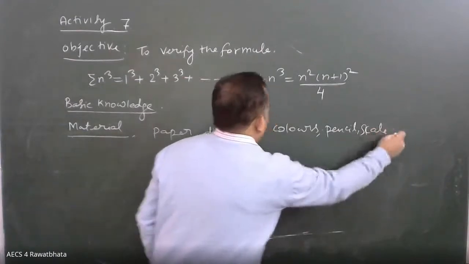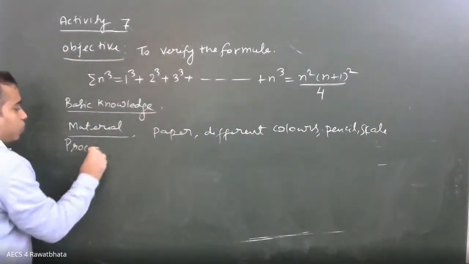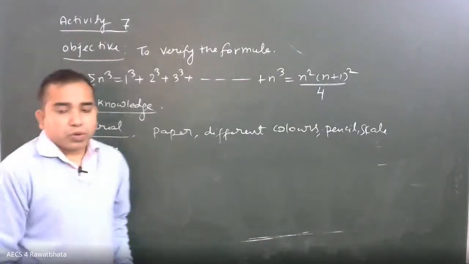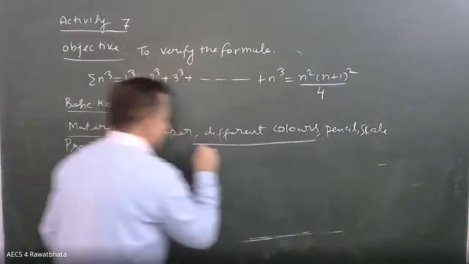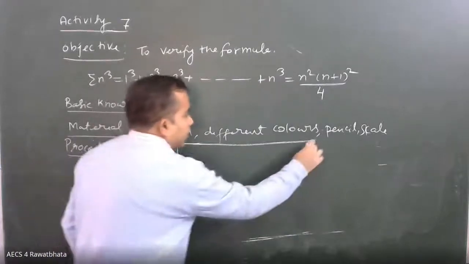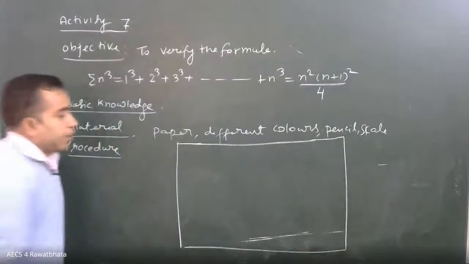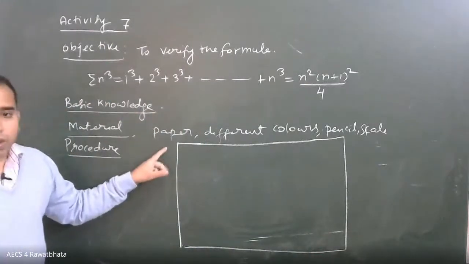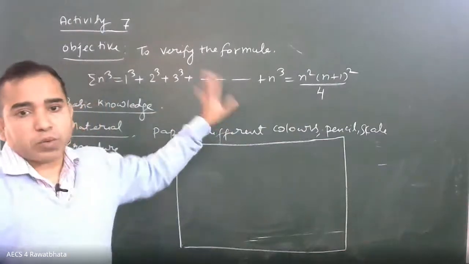Now listen to what we have to do, and you can follow. You take a pencil and scale and draw a square of 15 cross 15. Okay? Up to 5 terms we will verify.